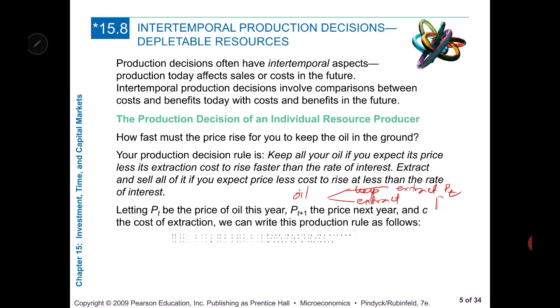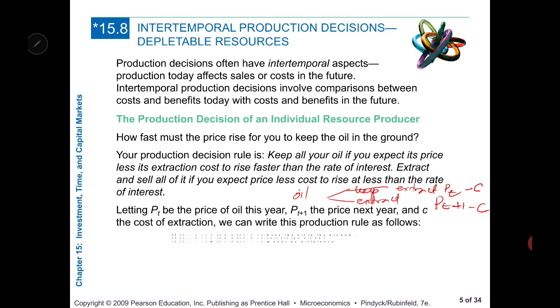But if you extract next year, then your revenue will be based on PT plus 1, and the cost of extraction is C, so both must be deducted by C.